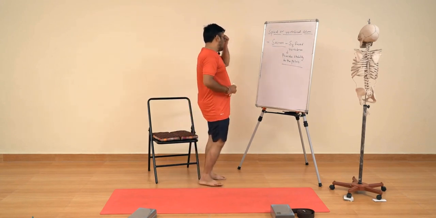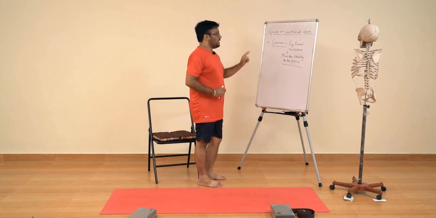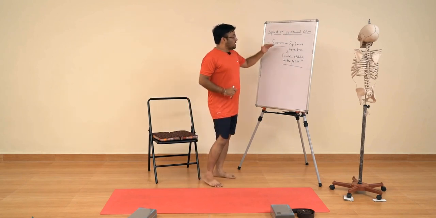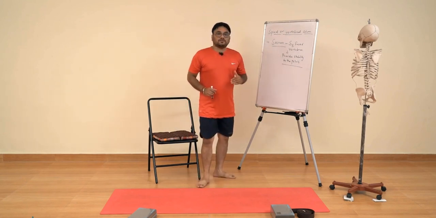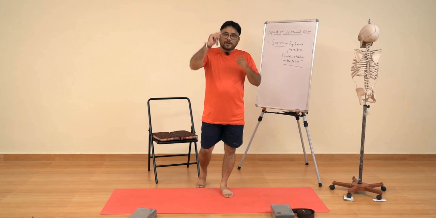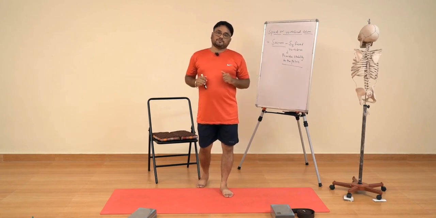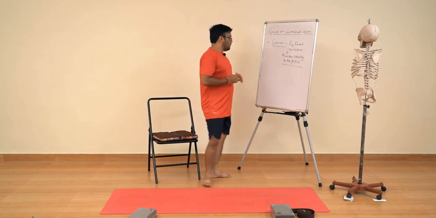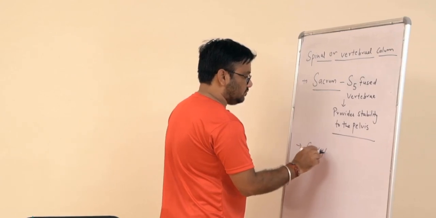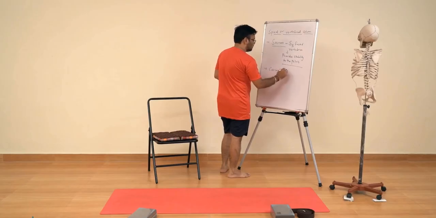The sacrum is made of five fused vertebrae that provide stability to the pelvis and to the upper body. It also bears the weight of your upper body, the upper vertebrae too. After the sacrum, we have the coccyx, that we call the tailbone.